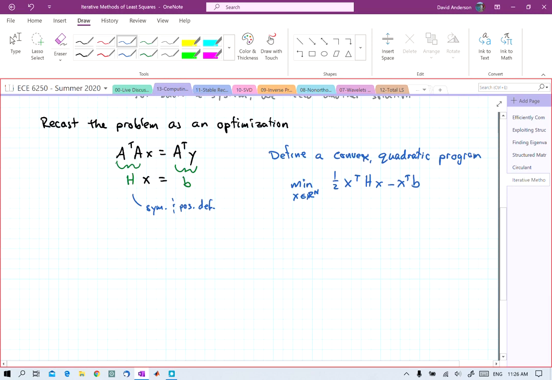Okay, so this isn't the same problem as we have over on the left, but it'll give us another way to approach that problem.